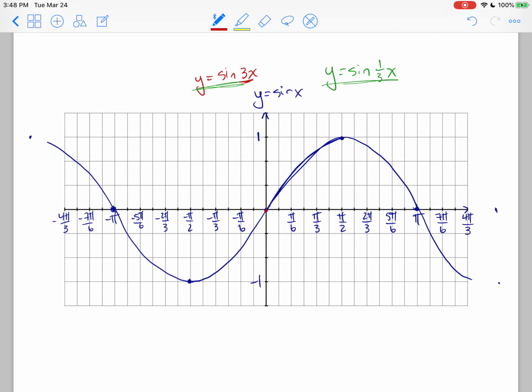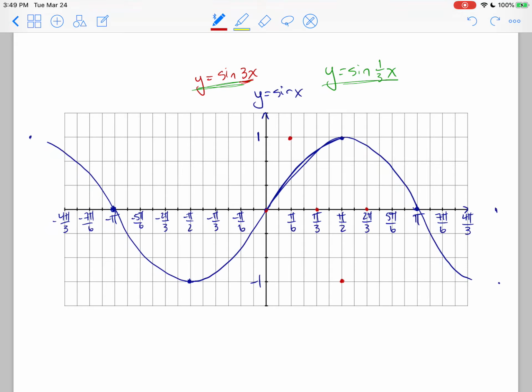Now this is saying cut that by 3. So I'm going to go over 2 boxes. So pi over 6 is where I hit this first key point. Then pi over 3 is where I go back to 0. Then pi over 2 is where I get to -1. And then 2 pi over 3, which is what I originally said the period was going to be for this function, is where this one ends.